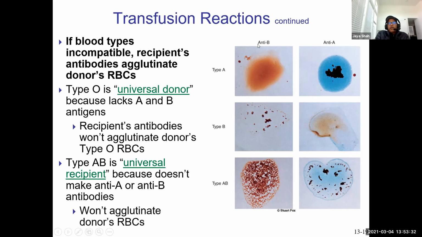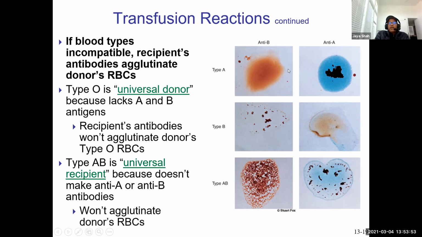So if I take the slide and put this anti-B antibodies and mix with type A blood, what will happen? Will they agglutinate? No, because type A normally contains these antibodies, so they are compatible.